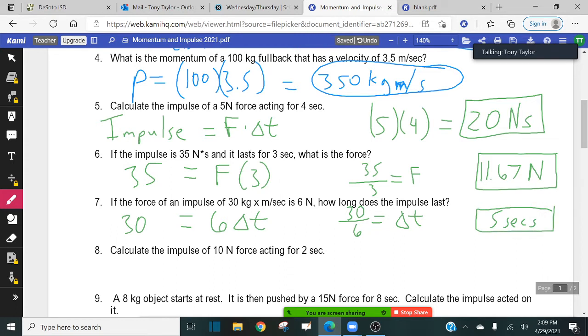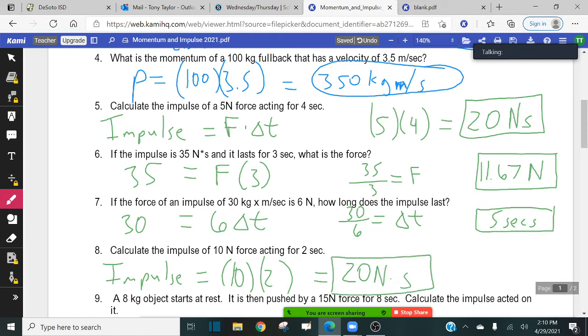Okay. Look at number 8. Number 8 says calculate the impulse of 10 newtons of force acting for 2 seconds. Super easy. Impulse is equal to force multiplied by time, which is equal to 20 Newton seconds for our impulse.